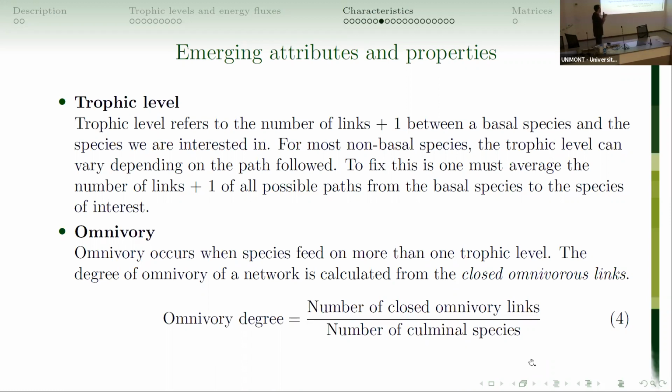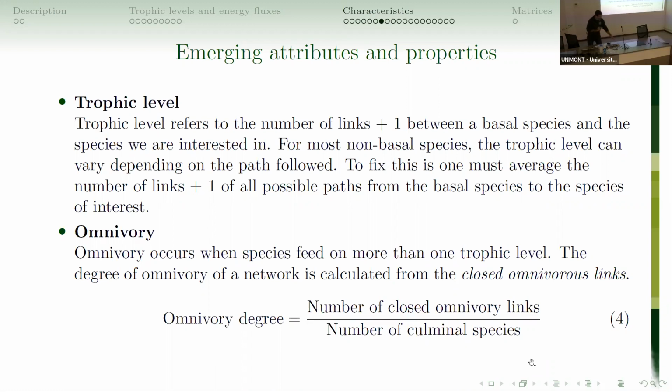Omnivore species are the species that eat different species from different trophic levels. If a species eats lots of species of the same trophic level, it's not an omnivore. If an herbivore only eats plants, but many plants, it's not an omnivore species, okay?